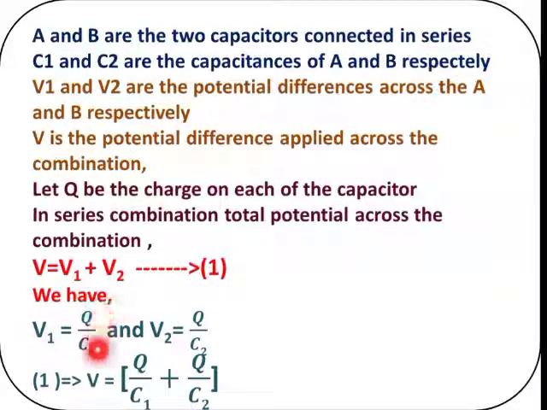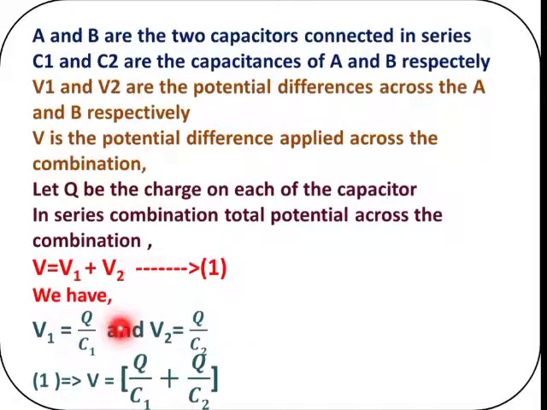V is equal to Q by C, or V1 is equal to Q by C1, because for the first capacitor, if we are writing the potential, then we have to mention 1. So V1 is equal to Q by C1. Similarly for the second capacitor, V2 is equal to Q by C2.